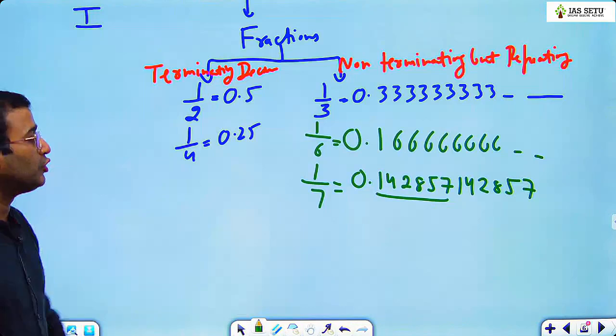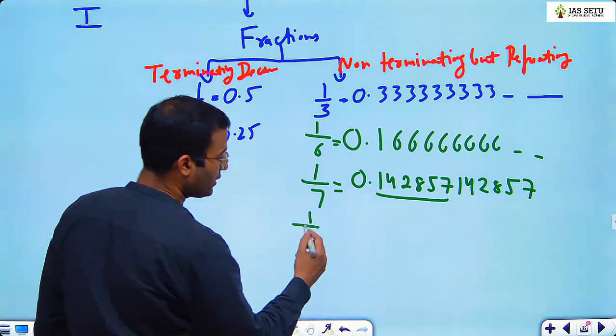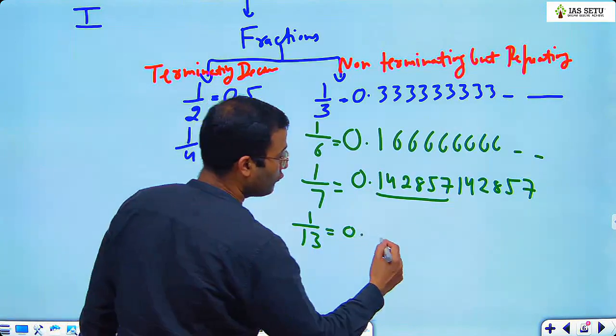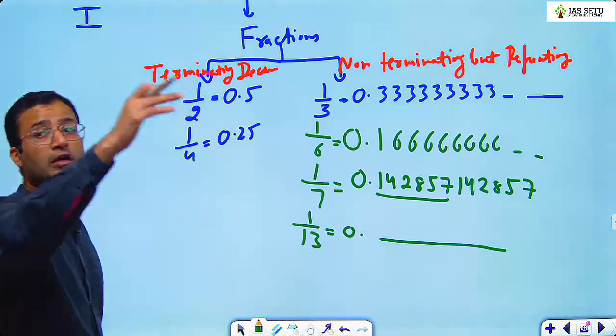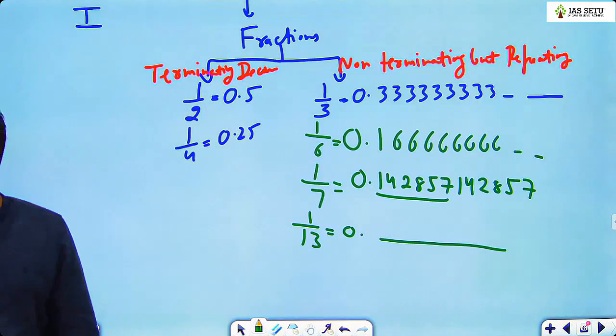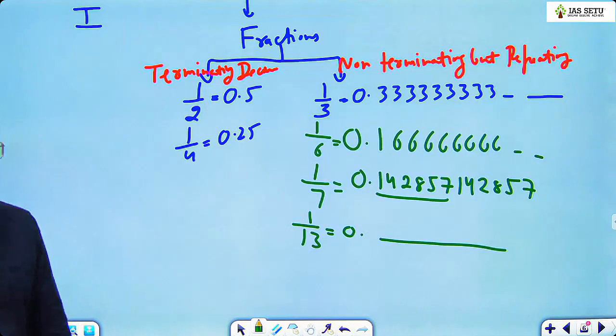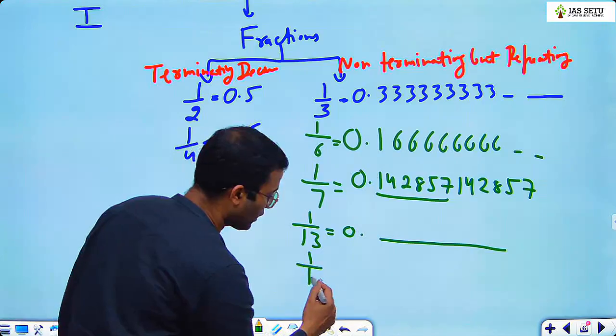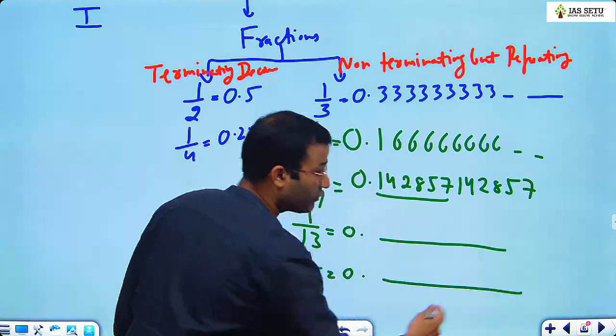You can check on your own 1/13. If you check 1/13 at home, you will find there is a repetition after 12 digits. In 1/19 we see the repetition after 18 digits.